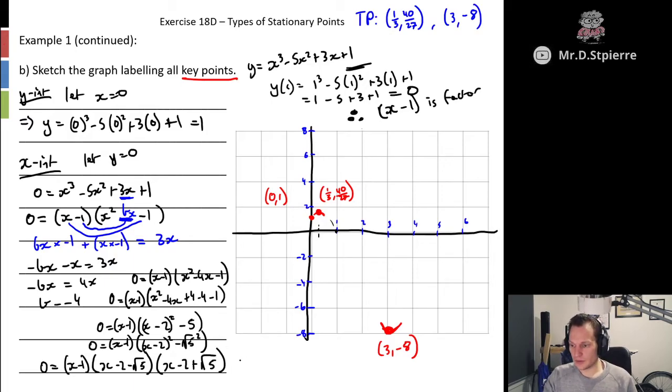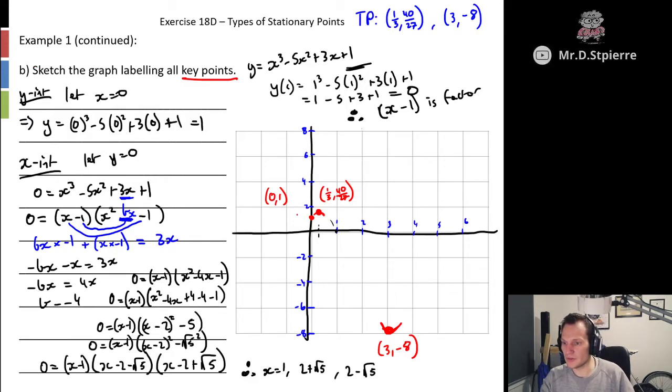So that's a lot of work. So what do we get from that? Therefore, x is equal to 1. It is equal to 2 plus root 5. And it's also equal to 2 minus root 5. So that gives us our final intercept.